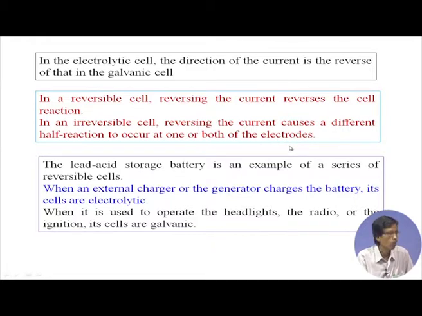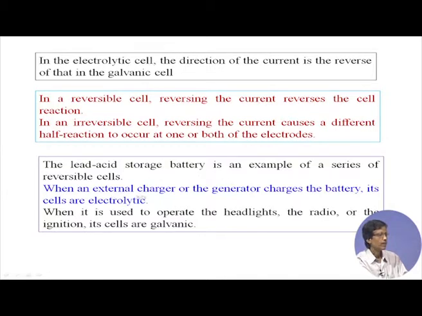Such as the storage battery for automobiles, where we use metallic lead plates and sulfuric acid. The lead is responsible for oxidation, and something else is responsible for reduction. Here we have a series of reversible cells, which is why it is considered a storage battery.